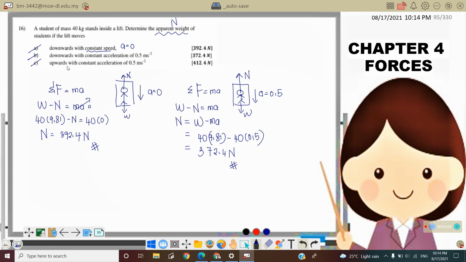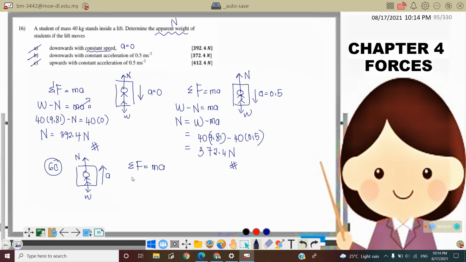16C. The lift is moved upward with constant acceleration. The student is still the same, 40 kg. There is a weight and also normal force. But now the lift is moving upward. Our F net equals to ma.